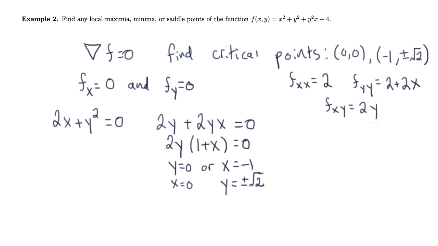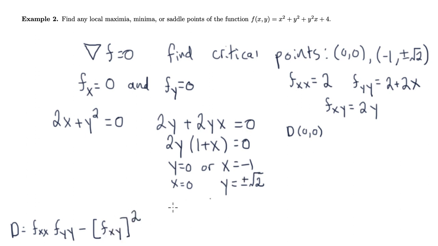And so if I evaluate at, say, 0, 0, and remember that this d function, let me write it down here, d is going to be fxx times fyy minus fxy squared.